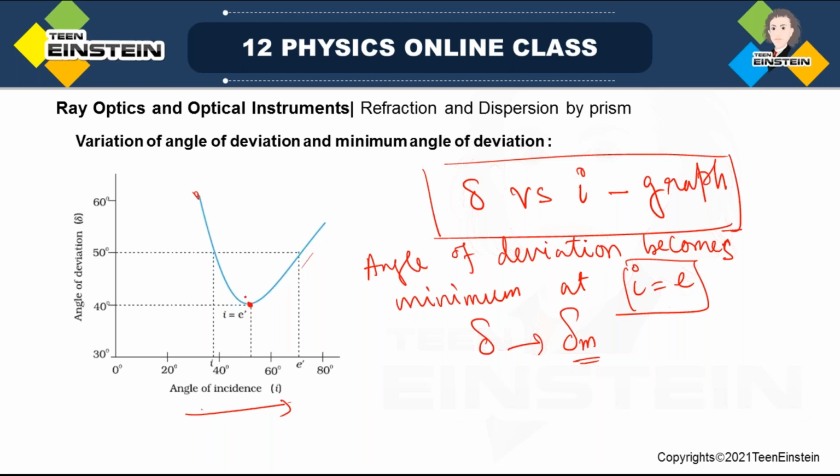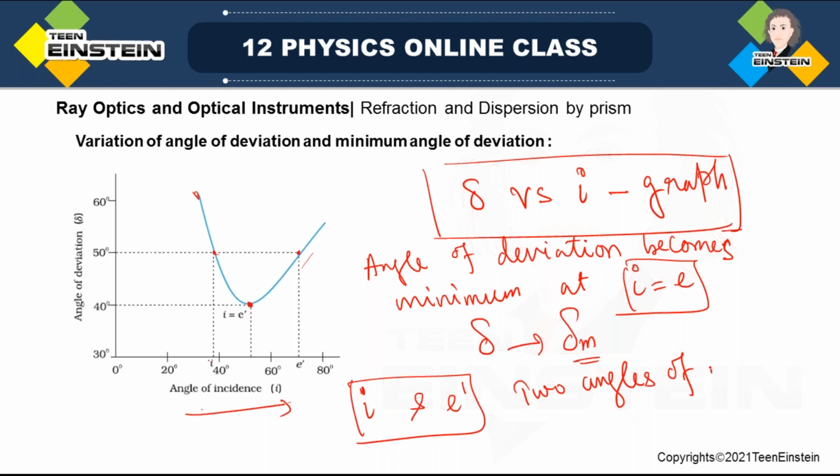Okay, you can see another very interesting point for this delta versus I curve. For a single value of delta, suppose this 50-degree delta, you are getting two angles of incidence. One is this I, another one is E prime. Understand what I'm trying to say?